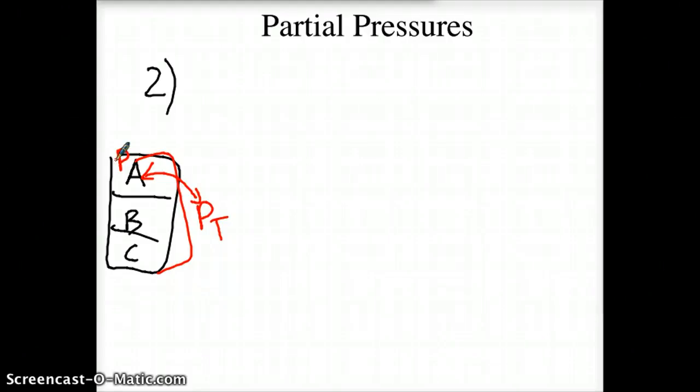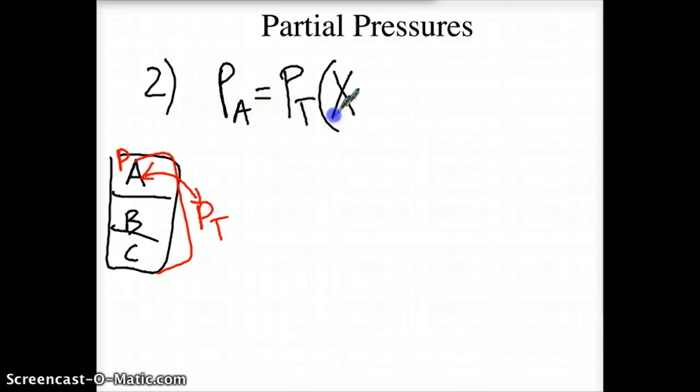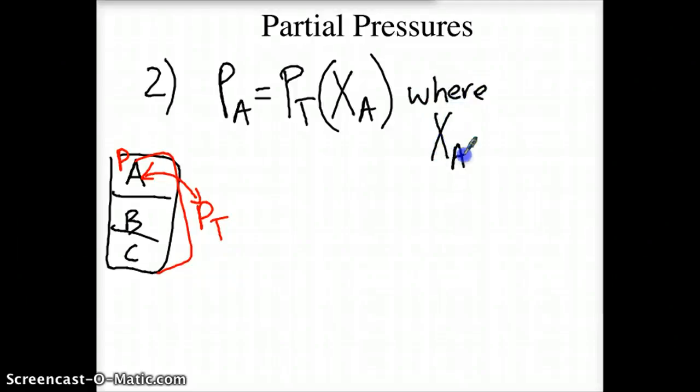Yes, there is. And the representation for that is the partial pressure of gas A is equal to the total pressure of the gas times the mole ratio of that gas. So XA, chi, the letter in the Greek alphabet chi, is the mole ratio, where the mole ratio is represented by the moles of A over the total moles.